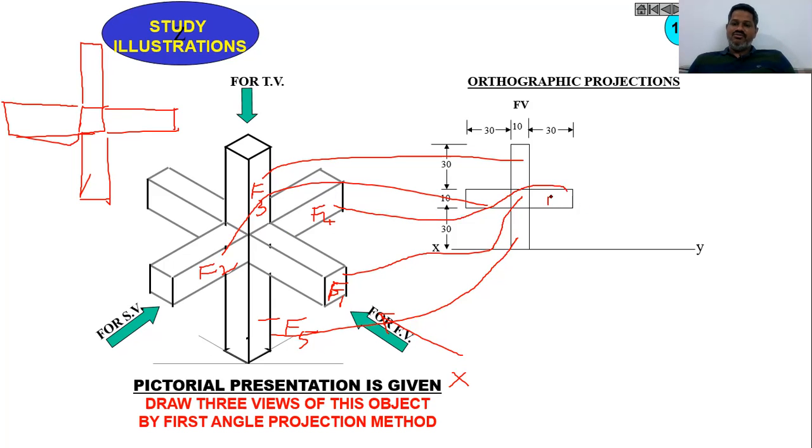So this is F4, and this is F5, and similarly this is our F2, and this is F3, sorry, this is F3, and this is F5. So this is how it looks when we see this component from the front.